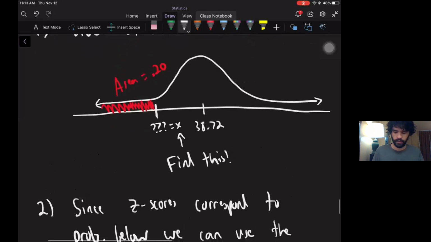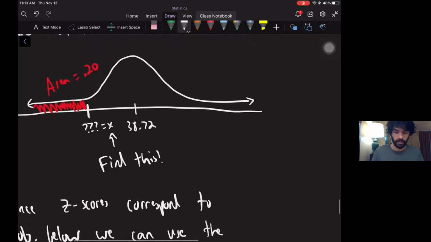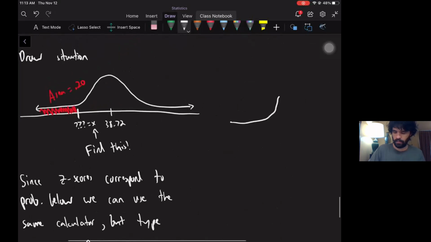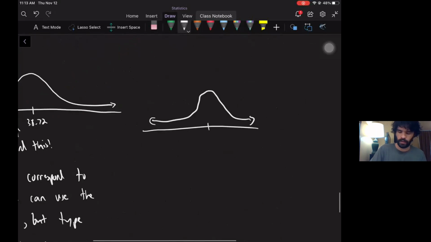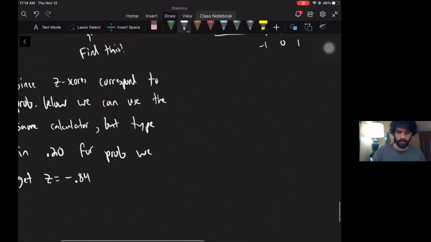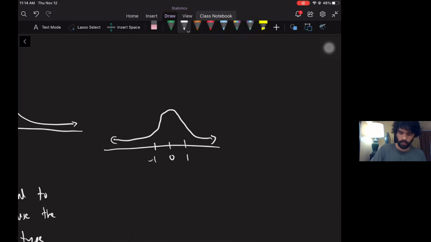corresponding to this area. So that means that what I'm really doing is I'm having this other probability distribution, and I've found that negative 0.84 is this z-score that has area equal to 0.20 on the left.